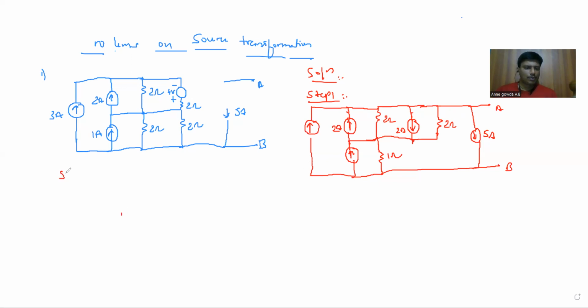So in step 2, these two current sources will cancel each other. And these 2 ohm resistances, if I replace them with a single equivalent resistance, I can write it as 1 ohm.